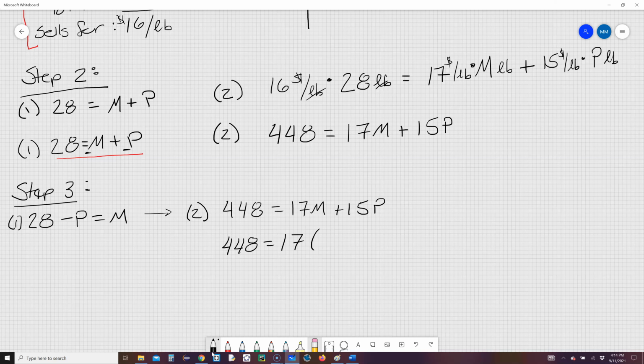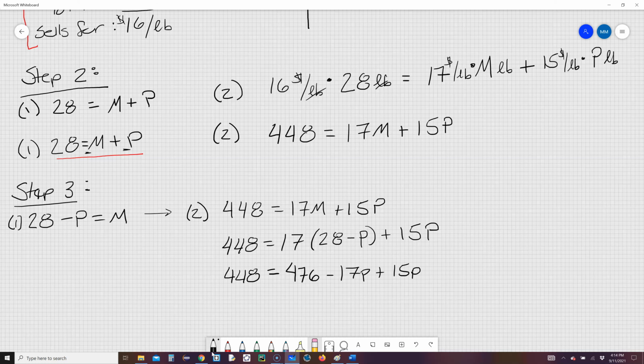So 17 times M, but we have M is 28 minus P. We should take 17 times 28, which gives us 476 minus 17P plus 15P.